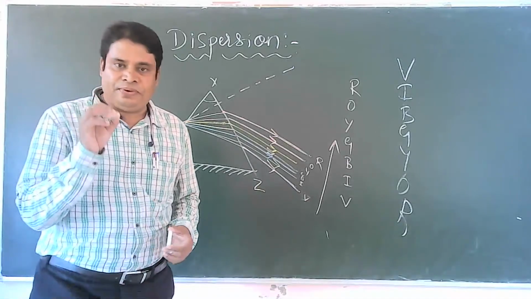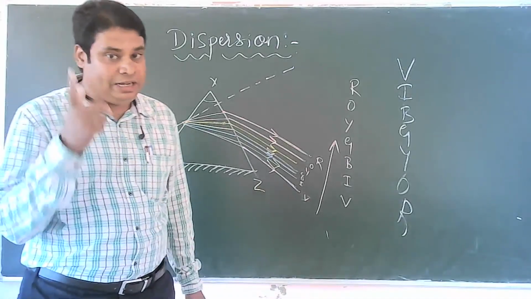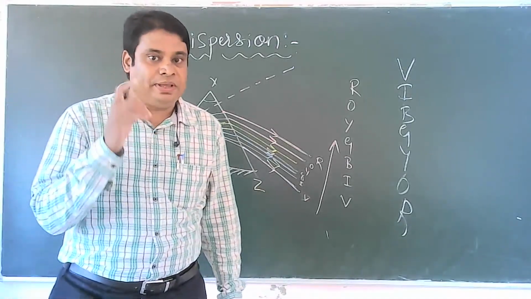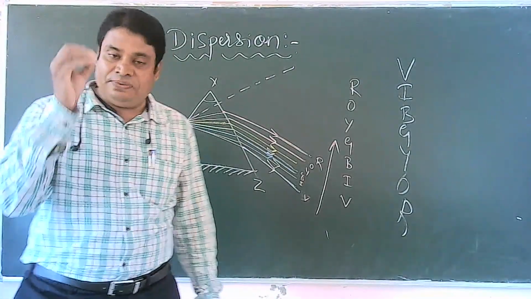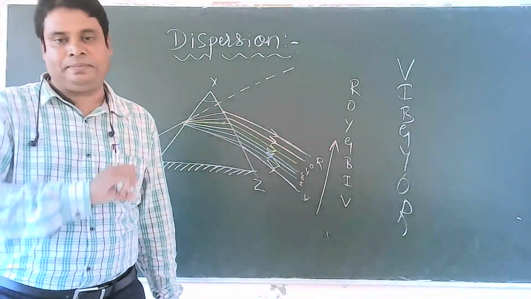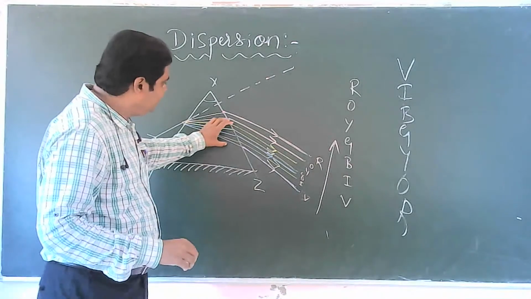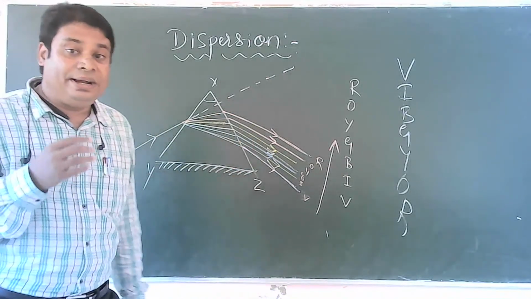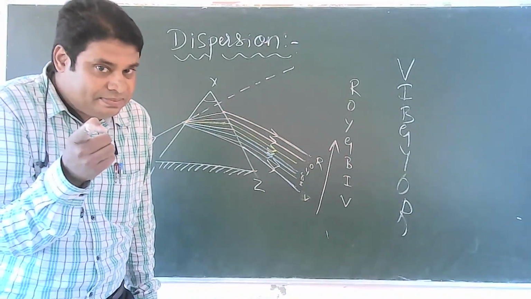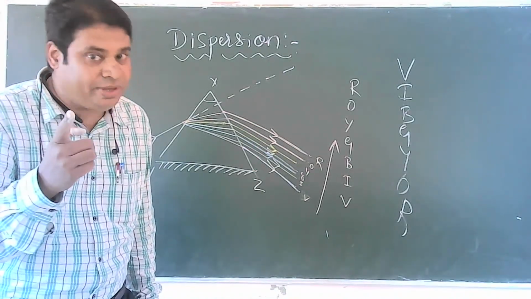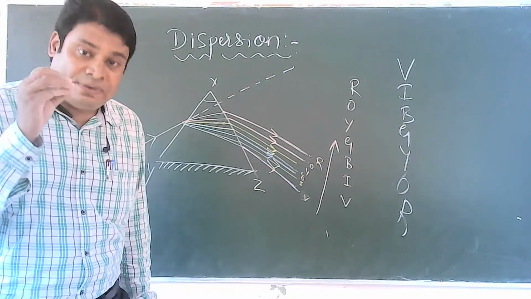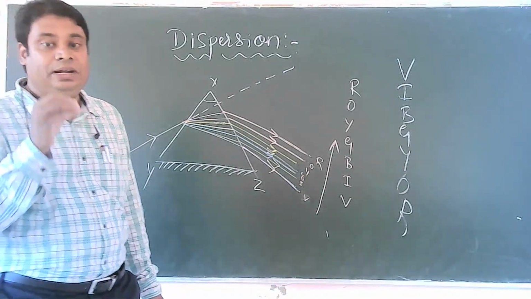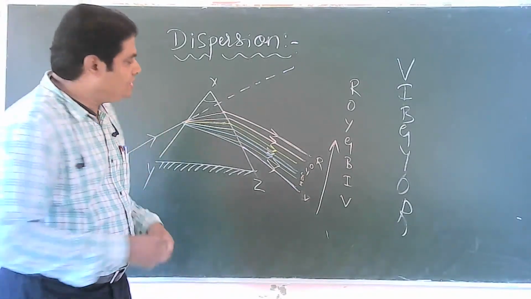Remember, I am talking about the refractive index of the medium for different colors or different wavelengths. I am using one more term, wavelength. For different colors or different wavelengths, it is different.